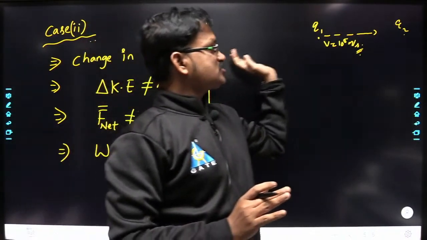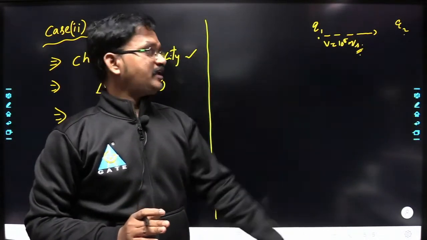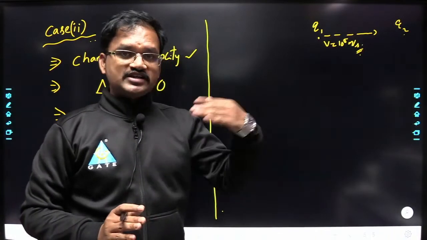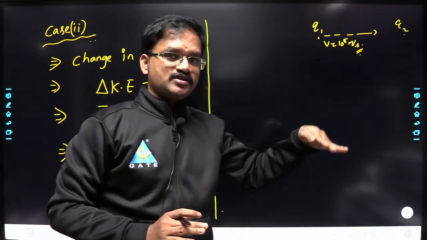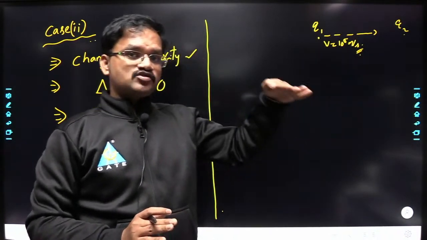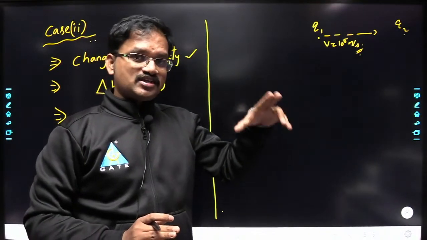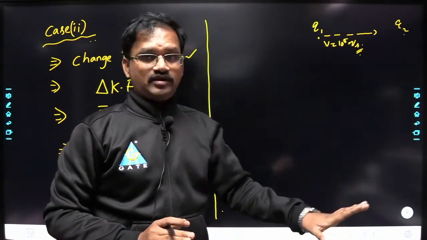Now, as this charge moves towards Q2, what will happen? Because of this repulsive force, its velocity is going to change. That means the kinetic energy gradually decreases. Whatever the decrease in kinetic energy, that will be transformed into potential energy, such that the total energy always must remain the same. Understood?